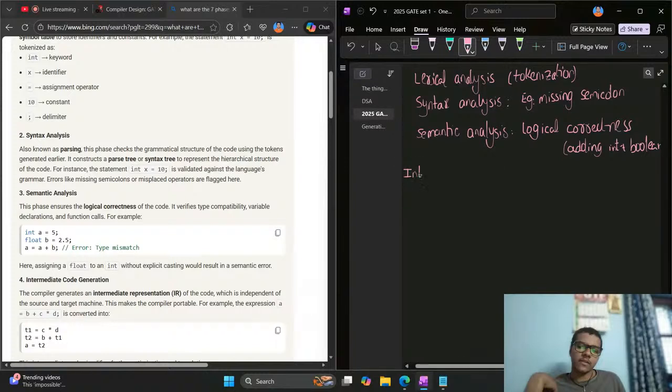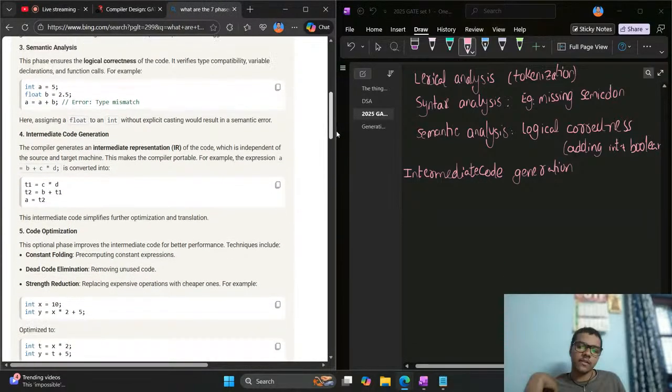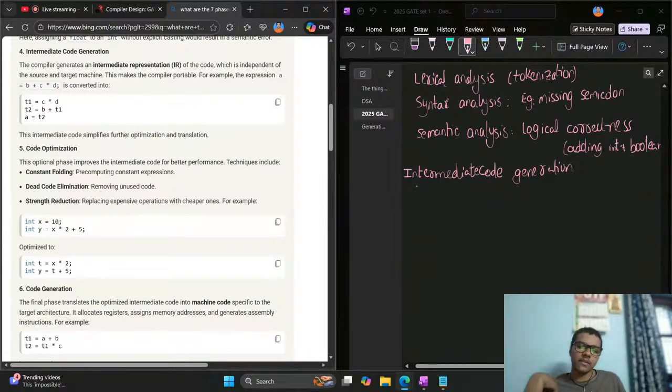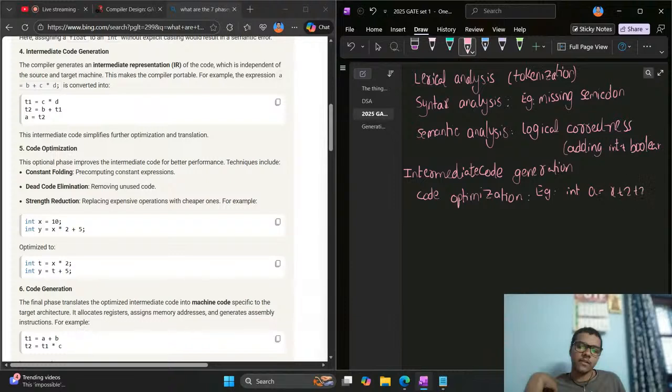Intermediate code generation. Code optimization, something like that.